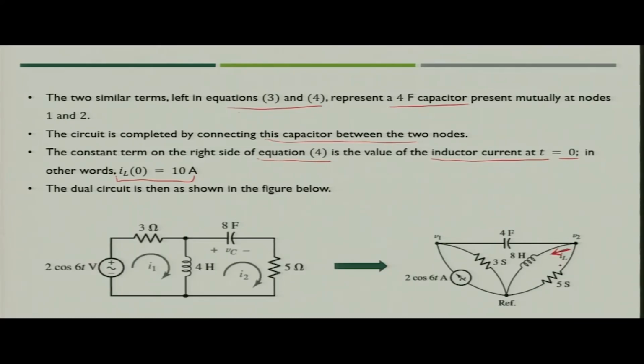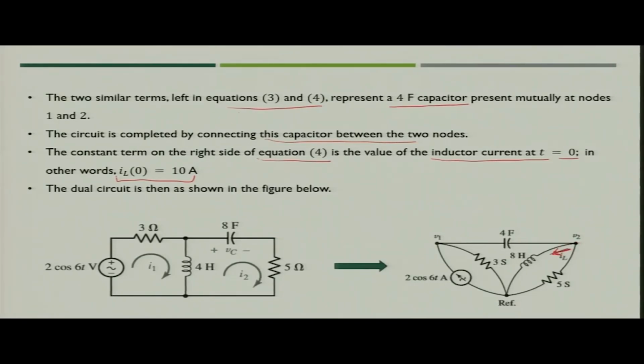Now, how will you find out the orientation? Again, if you see this circuit, voltage V c is opposite to the mesh current direction I 2. That means in this case the current would not go into the non reference node V 2, but it will come out of the non reference node V 2.